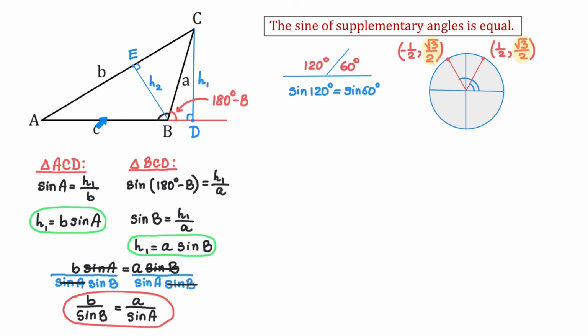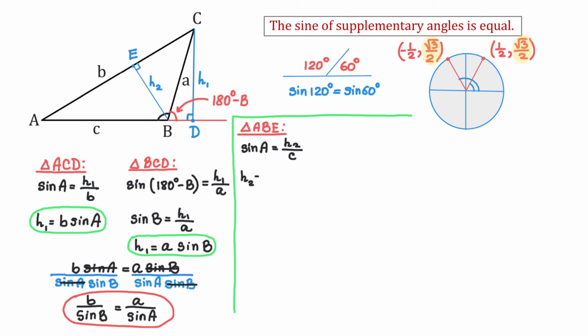In the triangle ABE, we will write that sine of angle A equals the opposite side h sub 2 divided by hypotenuse C. So sine of angle A equals h sub 2 divided by C. Then from here, h sub 2 equals C sine of angle A.